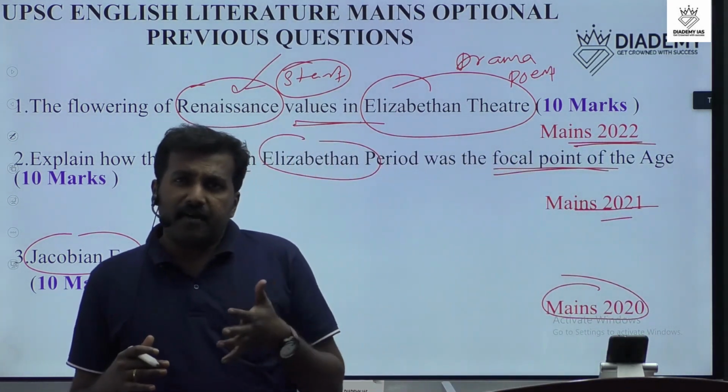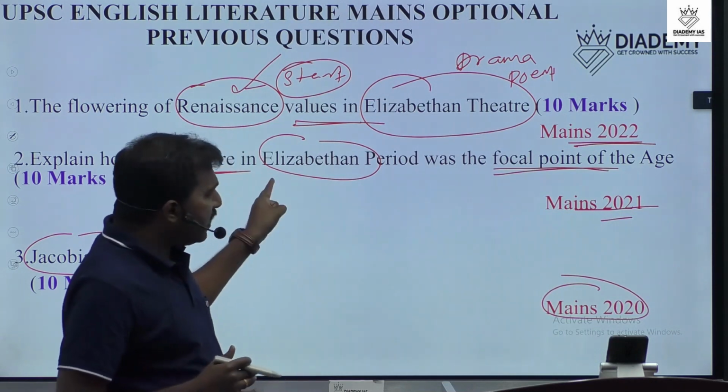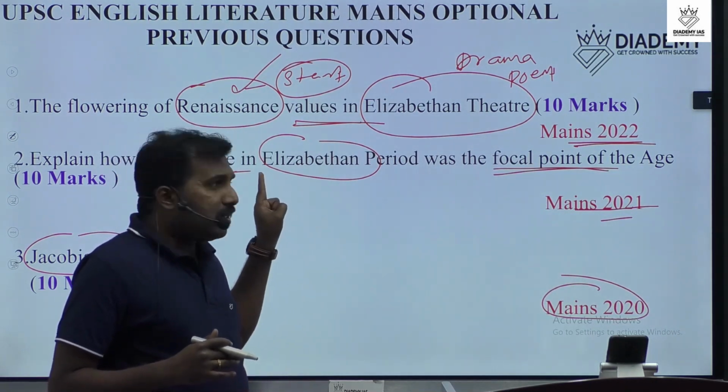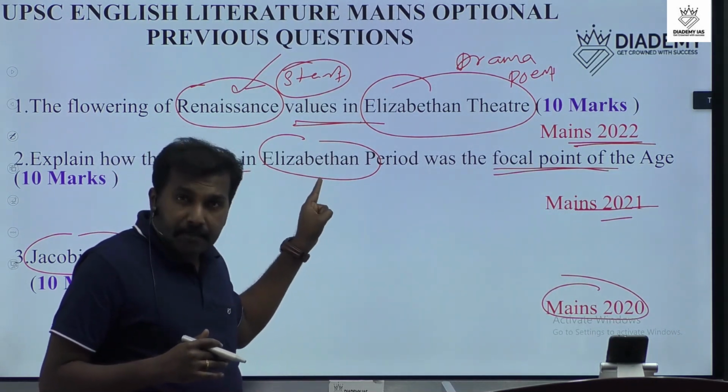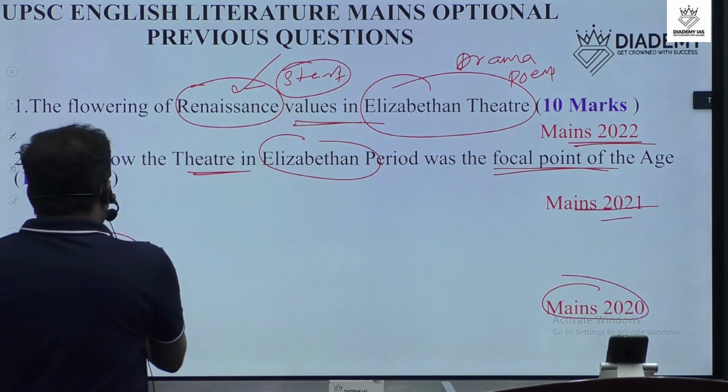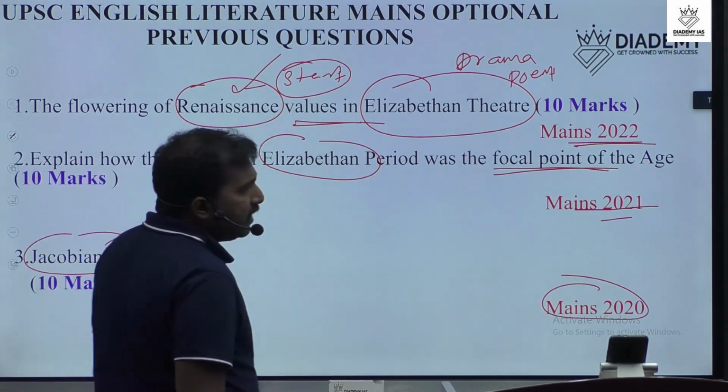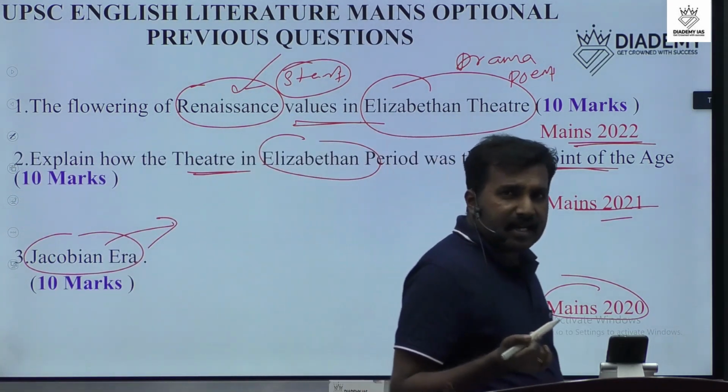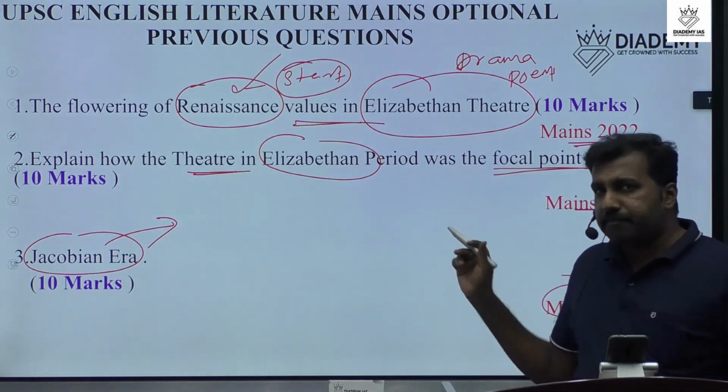All these we discussed, so in this question we have to answer from that perspective only. And the next one is the Jacobean era. We know that this era is also considered a subdivision of this period.